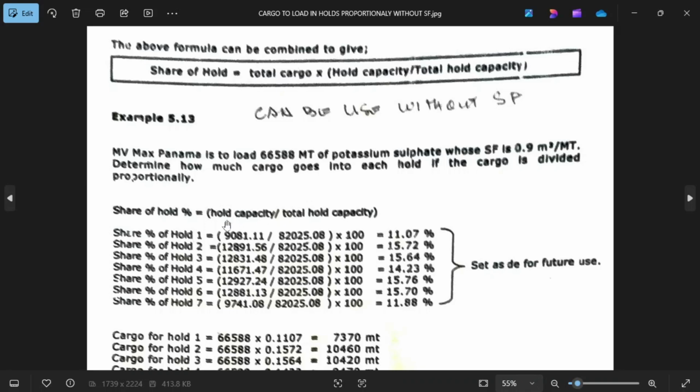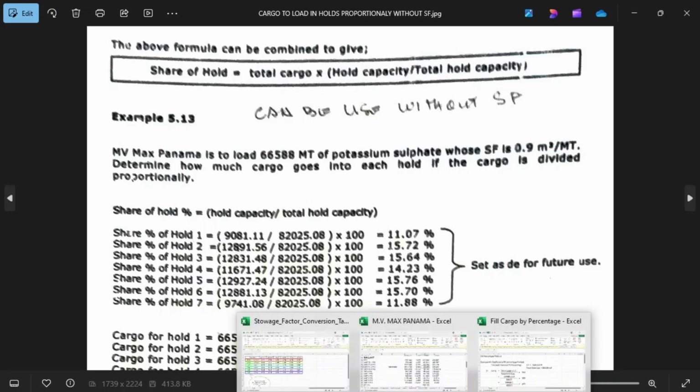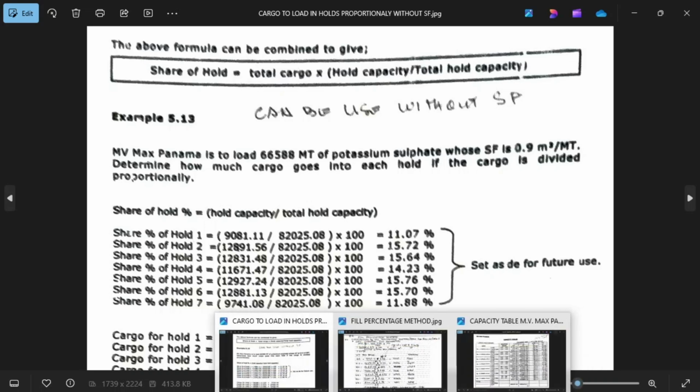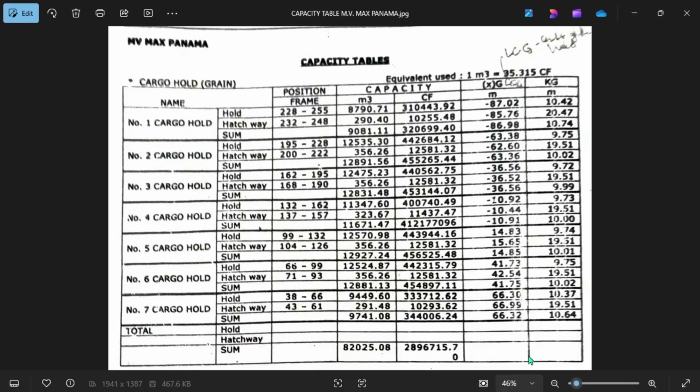So hold capacity, this is the hold capacity per hold 1, 2, 3, 4, 5, 6, 7. Where can we find this hold capacity? We can find that in the capacity table, this one, the MB Max Panama capacity tables.